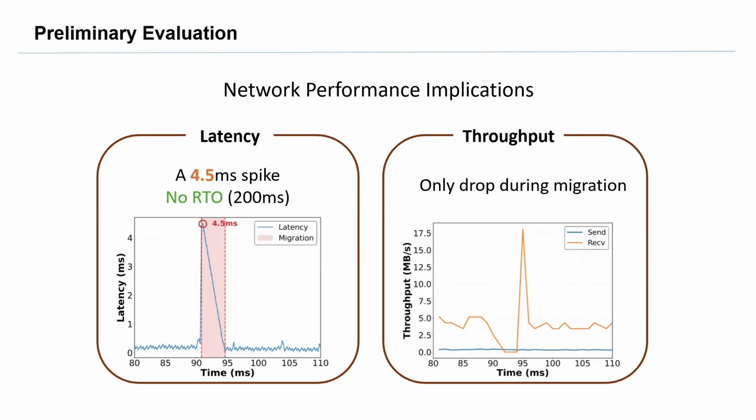Retransmissions usually would introduce a latency of more than 200 milliseconds. On the other hand, the throughput only drops during the migration and behaves as before immediately after the migration. Yeah, that's all for this paper.